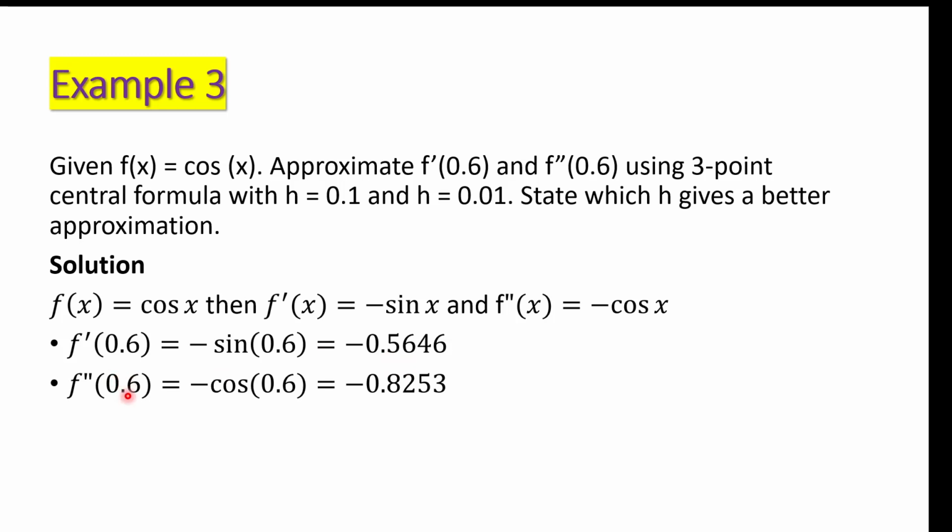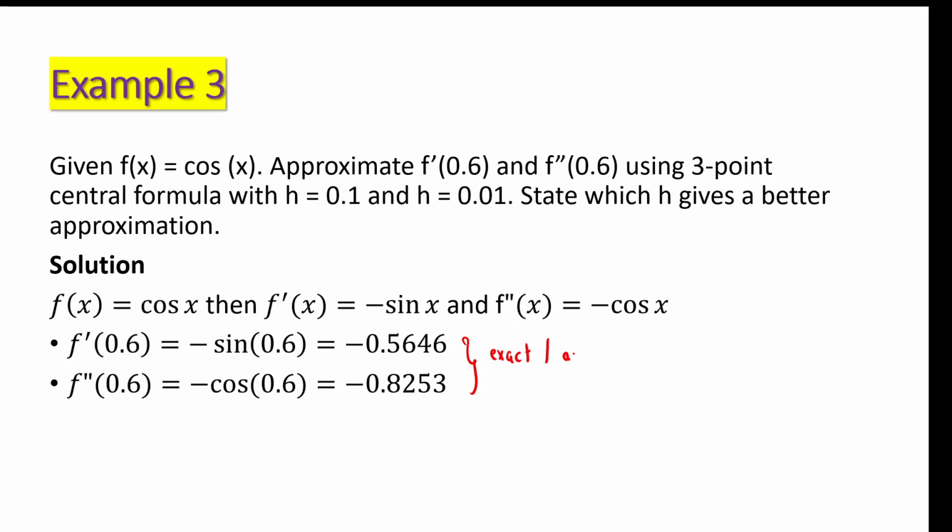And the second derivative f double prime 0.6 is negative cos 0.6, which is negative 0.8253. So this is actually the exact solution.